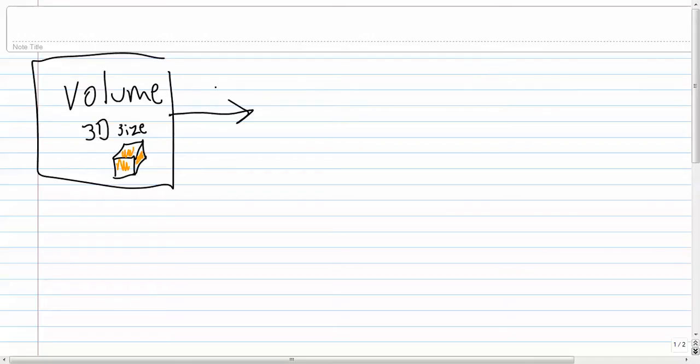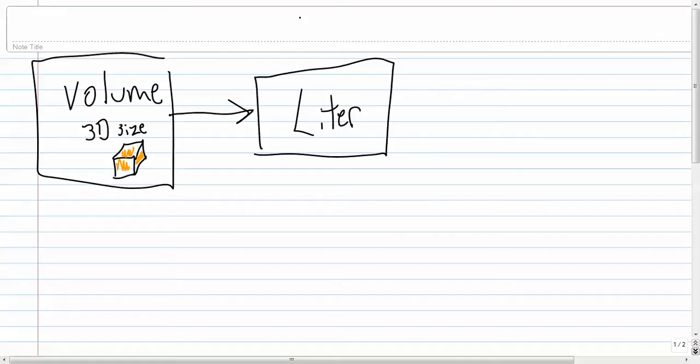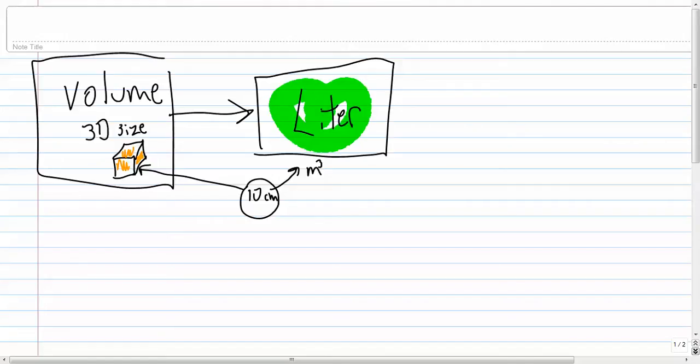Well, we measure volume with a unit called the liter. Now, without trying to sound tricky or anything, a liter is actually a box, kind of like this one, that is 10 centimeters on a side. So technically, you could say that we can measure volume in cubic meters or cubic decimeters and so forth. But officially, to measure volume, we're going to use the liter.